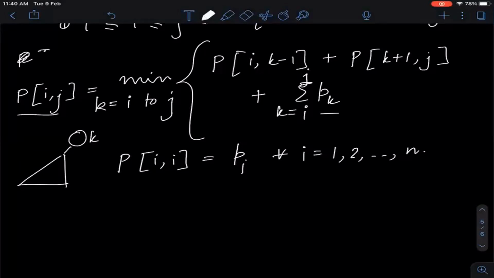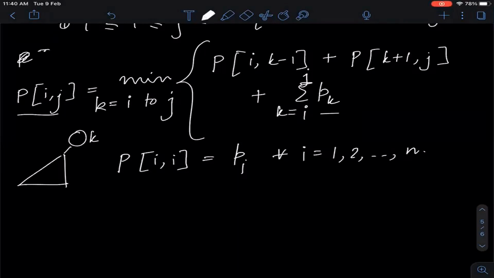But suppose I want you to formally write an induction for this recurrence. I have the base cases. So what do you think the induction should be on? I have these two parameters i and j, so what should I induct on?